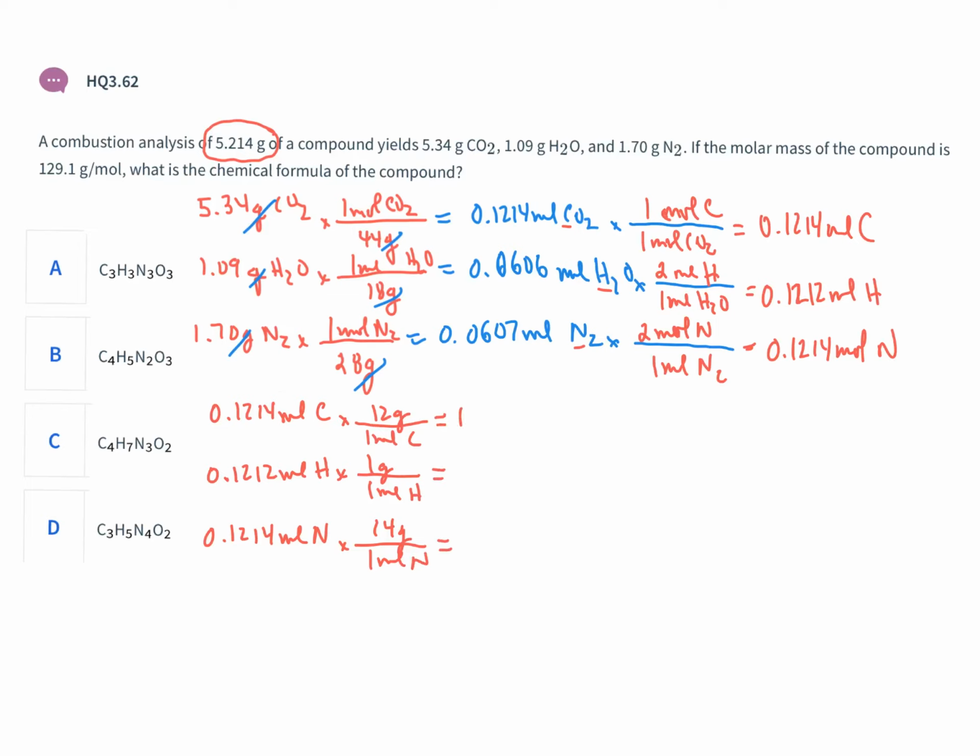So I should have approximately 1.457 grams of carbon from that sample, 0.1212 grams of hydrogen from that sample, and 1.6996 grams of nitrogen from that sample. So the whole sample weighed 5.214 grams. I'm going to subtract 1.457 from the carbon.